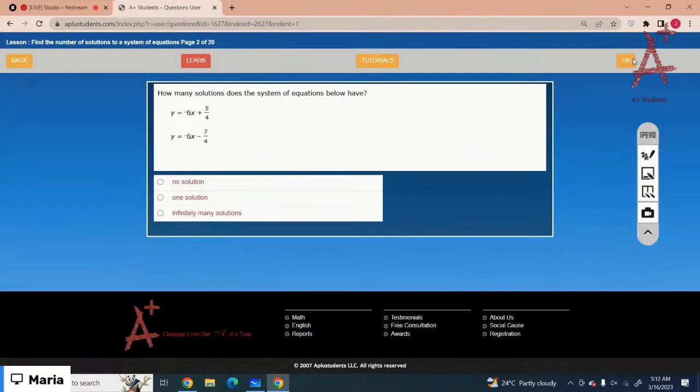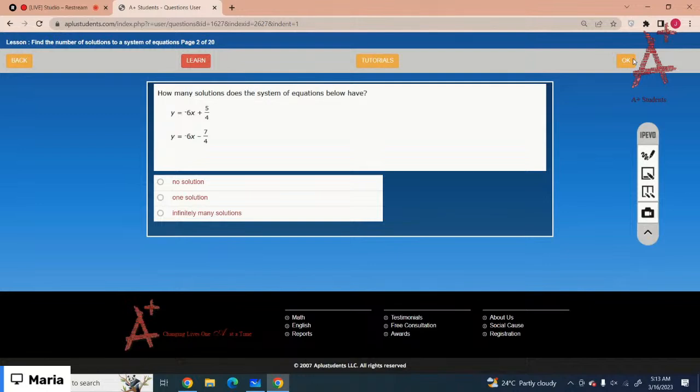Okay, how many solutions does the system of equations below have? y = -6x + 5/4 and y = -6x - 7/8. Both equations have the same slope and different y-intercepts.